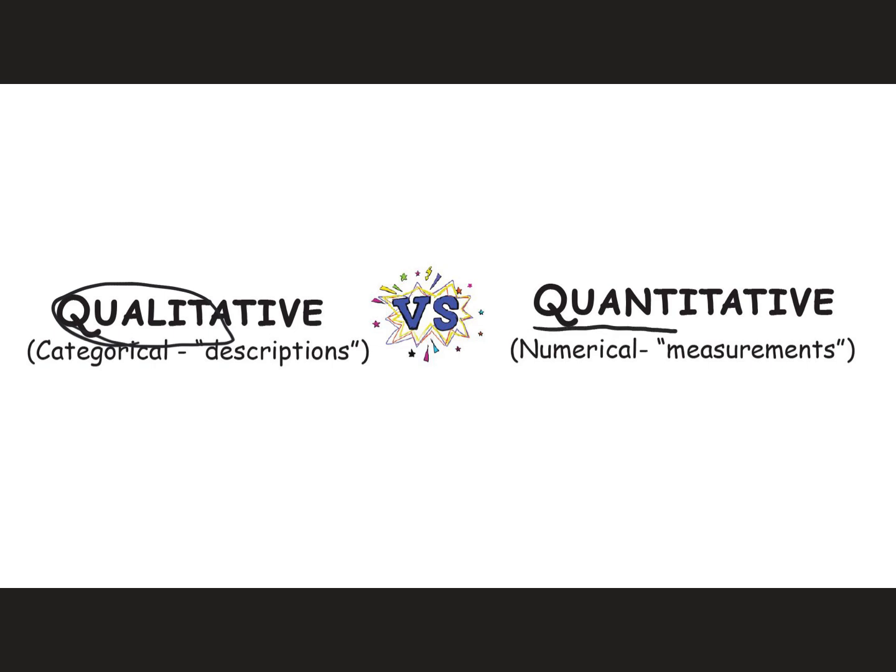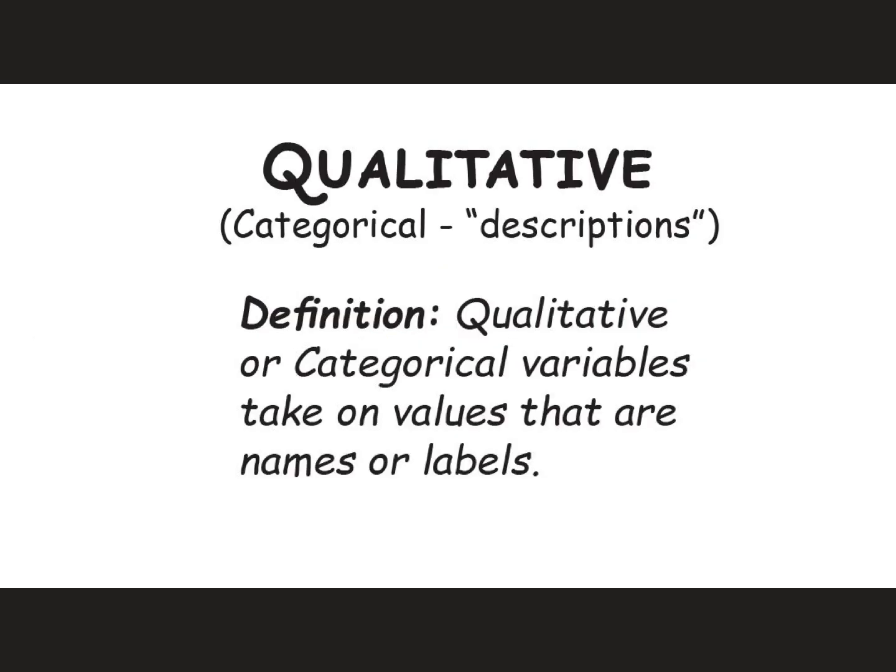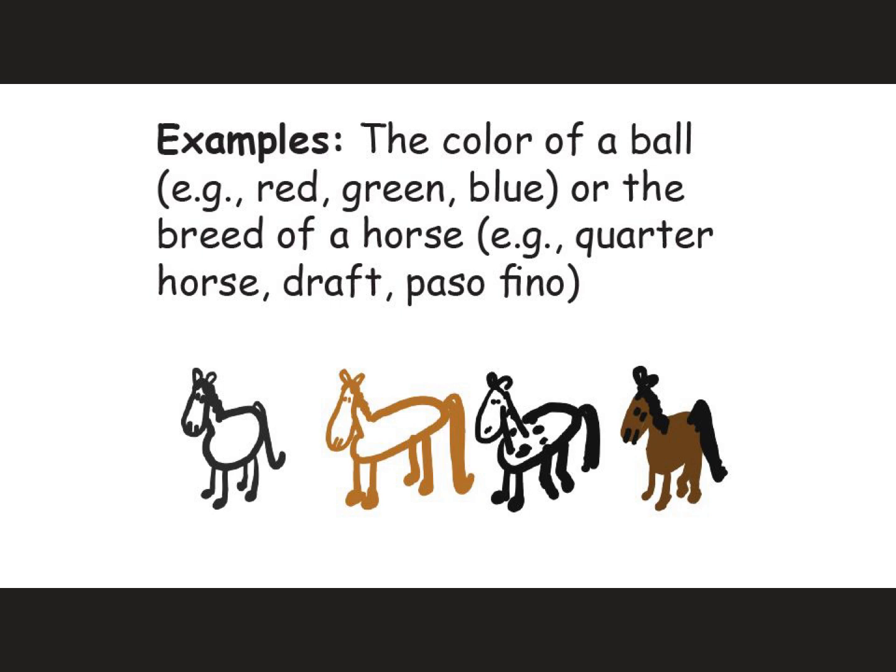Quantitative, to mean quantify, is numerical measurements. So again, we talked about the qualities, examples, the color of a ball or the breed of a horse, quarter horse, draft horse, Paso Fino, etc., etc. Tennessee Walker, Friesian.